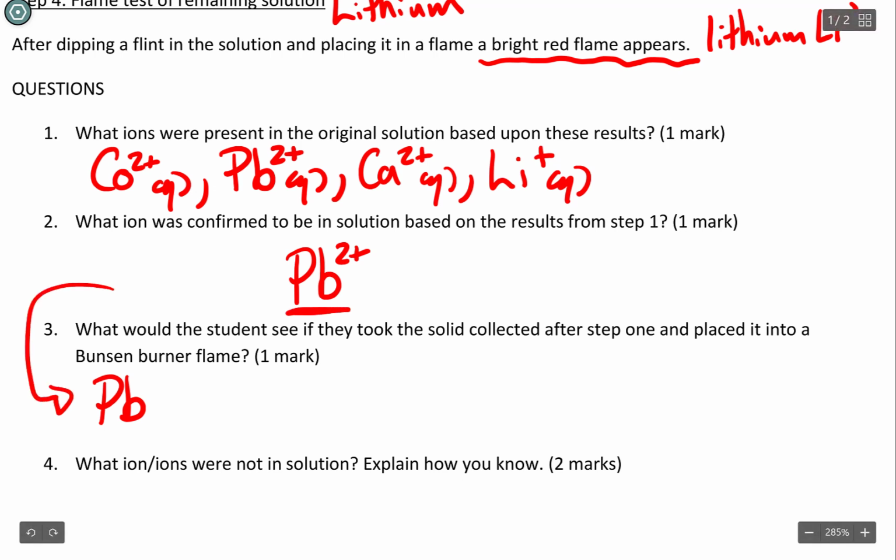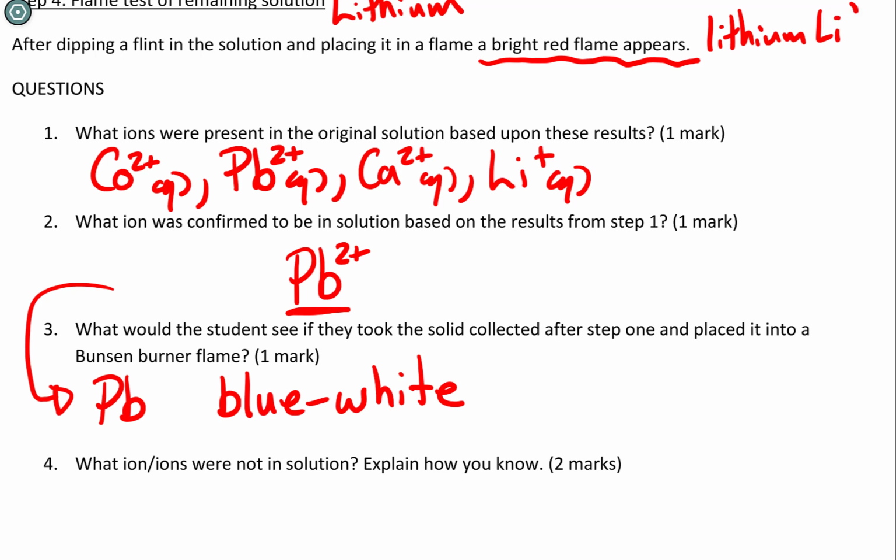So we bring this down. And if I look up lead, it gives actually a blue-white flame color. So remember, flame color tests can be done with dipping sticks into solution, having it soak up the solution, and then putting it into a flame. But also you can actually take solid, put it right into the flame, and you'll also get a flame color.